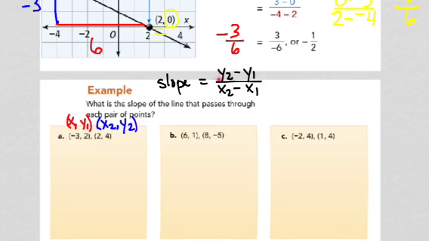Alright, so now I'm going to use this formula right here. I'm going to take whatever my y2 is, so here y2 is the 4, minus y1, which is this 2 value here. So I'm going to color code this.